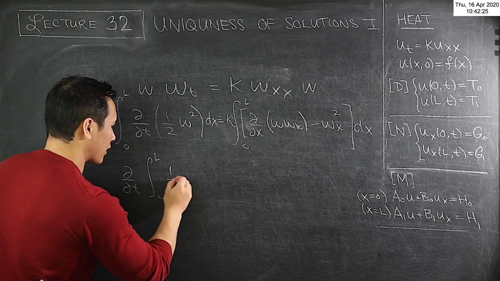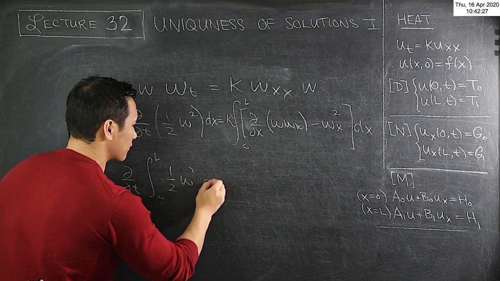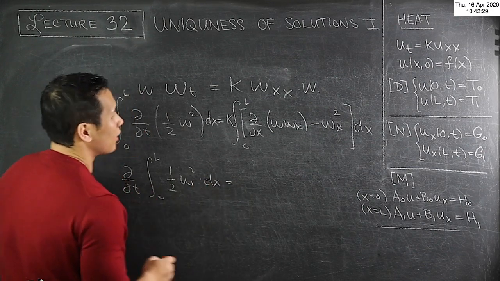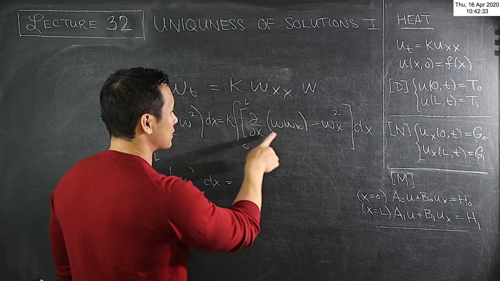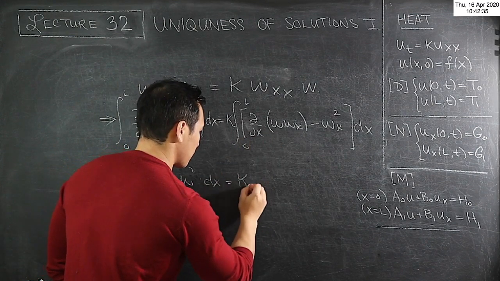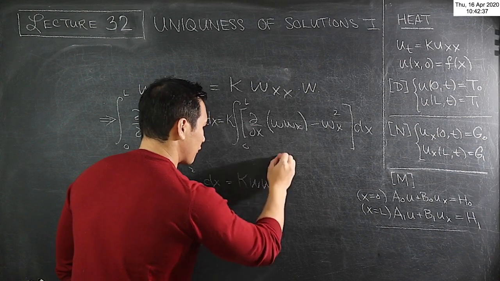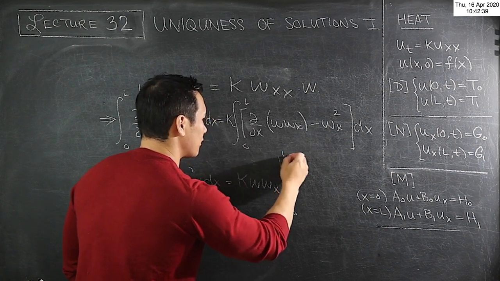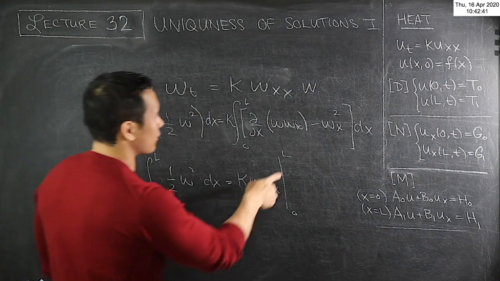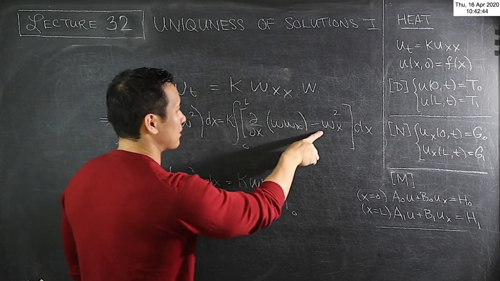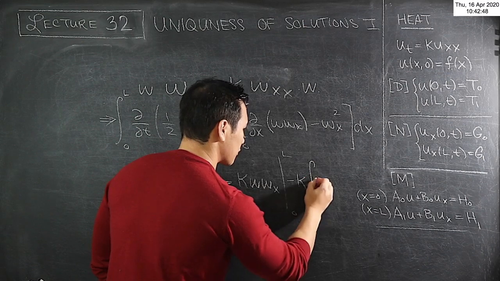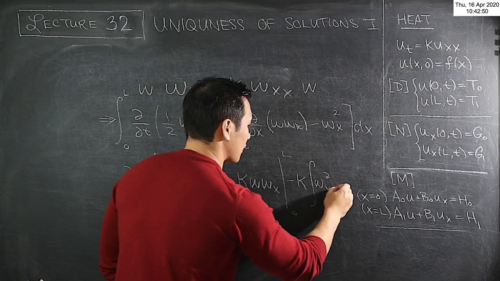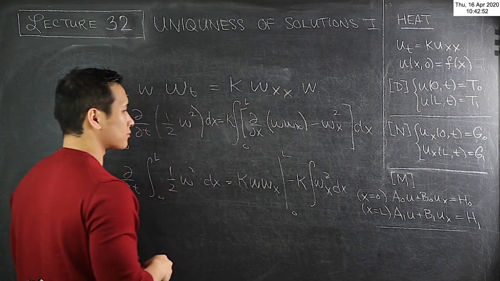And I have a 1/2 w squared dx. And then we're going to integrate out this d/dx. So we have a kappa times a w wx, evaluated from the left and from the right. And then we're going to have a minus kappa times the integral of wx squared dx. Okay?